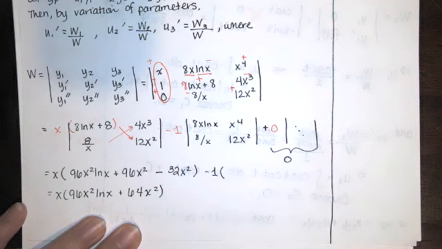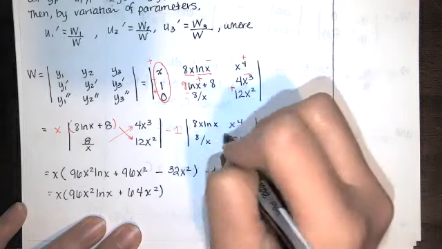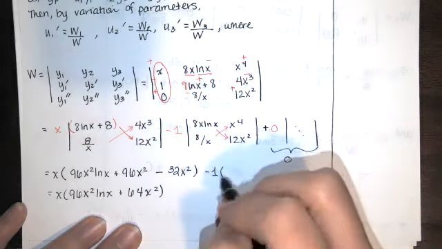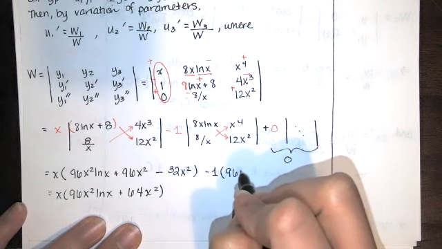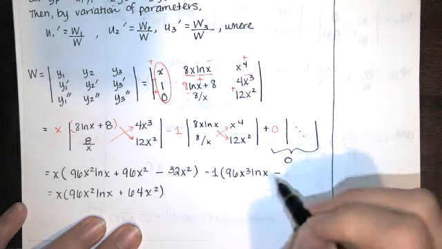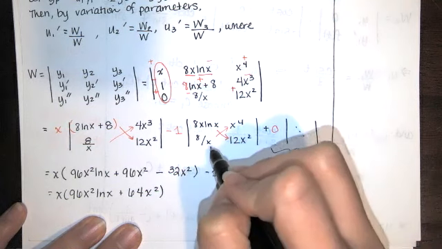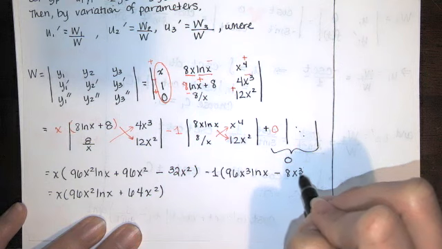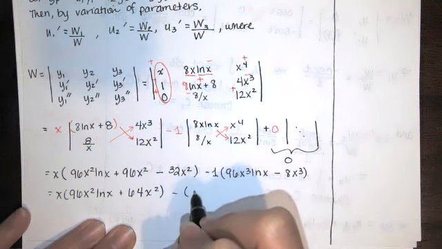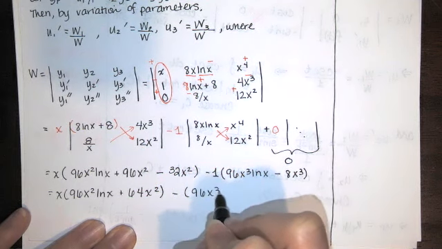Here we have the same thing, you've got -1 times this determinant, you're multiplying here and then there, and then you're subtracting. We're going to have a 96x cubed this time times natural log of x minus 8. And we've got x to the fourth in the numerator and an x in the denominator, so one of those will reduce. If you distribute, so now we have this.